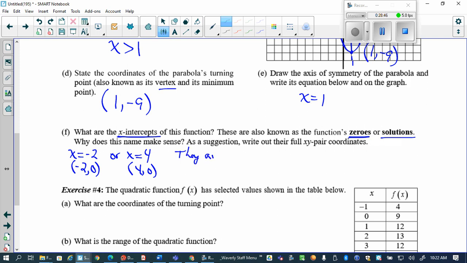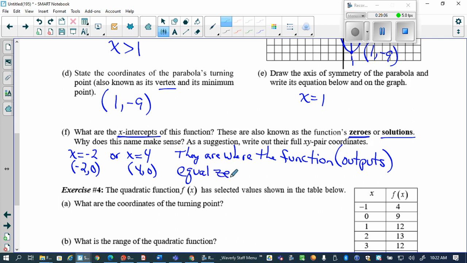The function and its graph, all its outputs, equal 0. So whenever you see x-intercepts, you can also think of the word zeros or solutions to the equation.